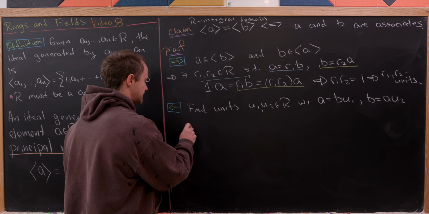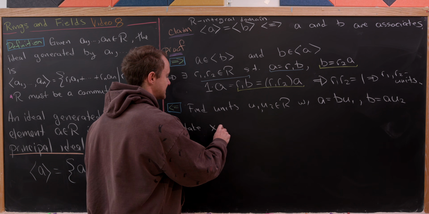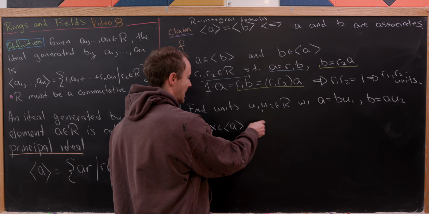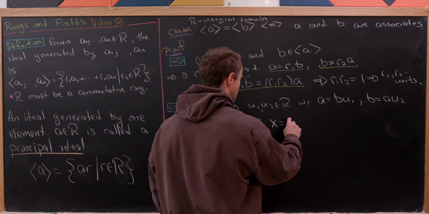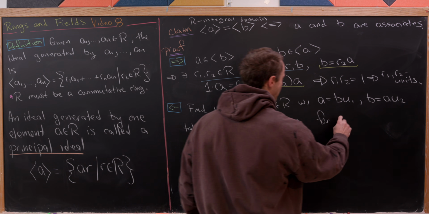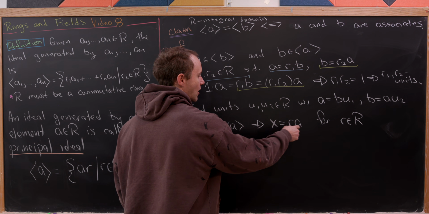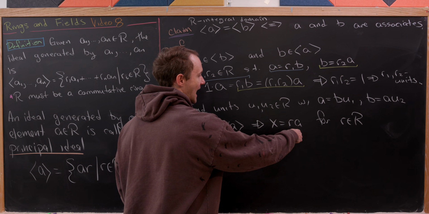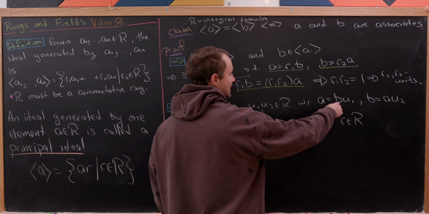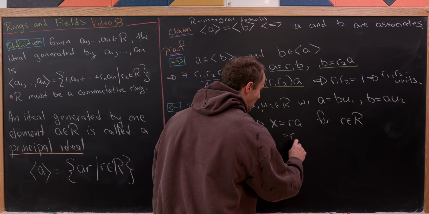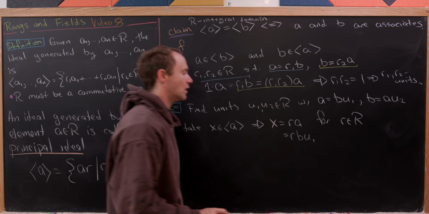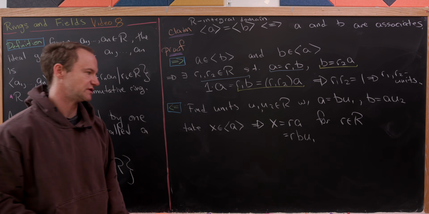So let's take an x inside of the ideal generated by A, but that means that x is equal to r times a for some r inside of R. But now I can write r times a as r times b times u1, because a is equal to b times u1.